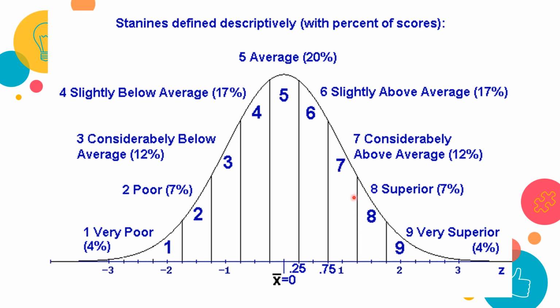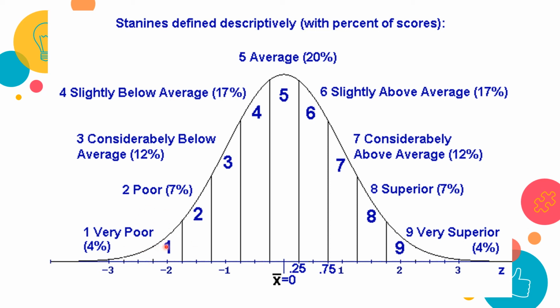Okay. When assigning a grade using STA 9, the first thing to do is to arrange the scores of the students from lowest to highest. The most important thing is to get which is the highest and which is the lowest. Okay. The lowest 4% of the group will receive a grade of 1, with a description of very poor.